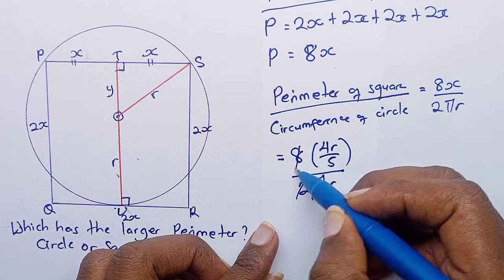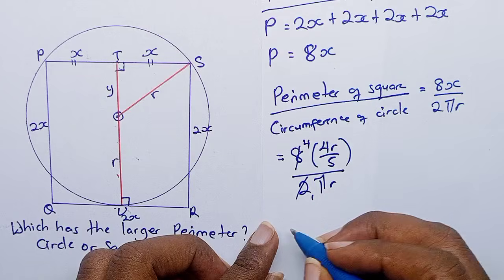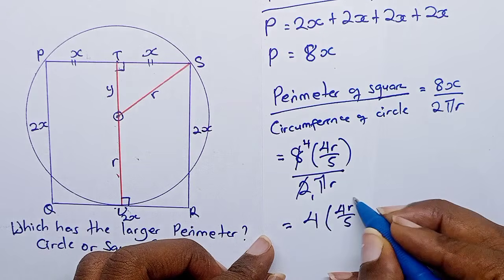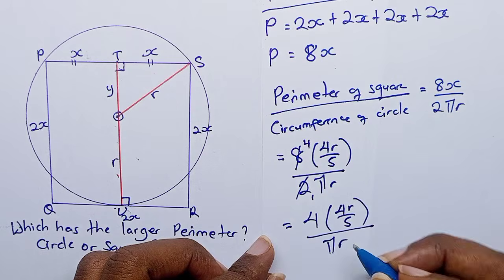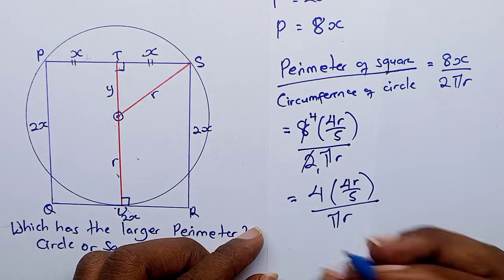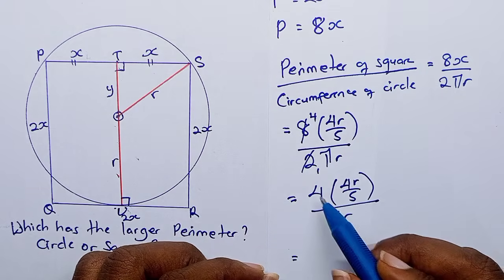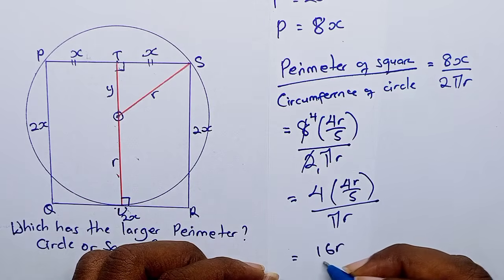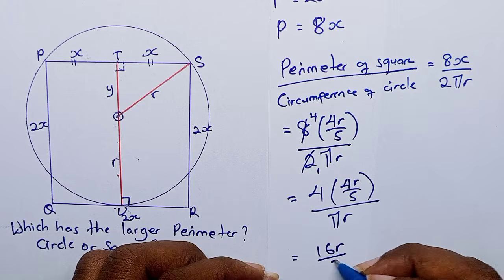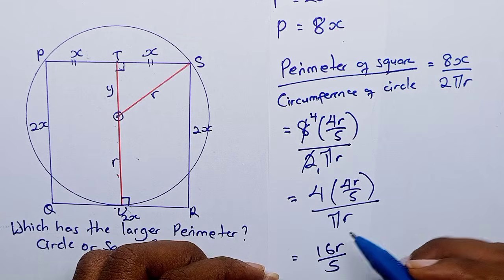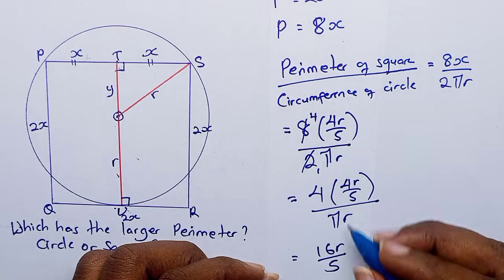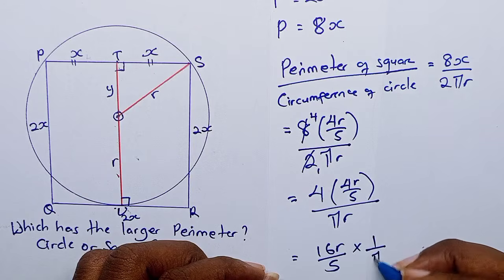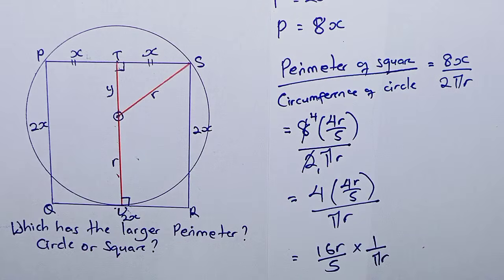This 2 goes into 8 4 times. So we are left with 4 into 4r over 5 divided by pi r. This is equal to 16r over 5. Then dividing by this is the same as multiplication by its reciprocal, so times 1 over pi r.